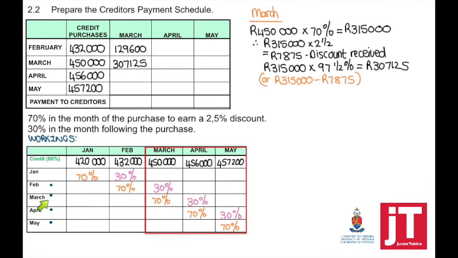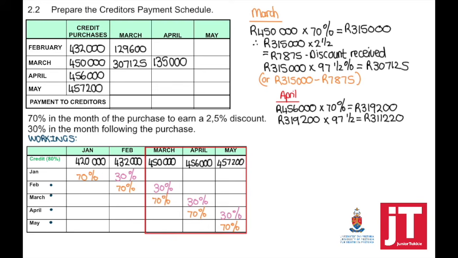From the March purchases, 30% will be paid in April. So just take 450,000 times 30%. The same needs to happen now in April. We first need to work out 70% of the total credit purchases, and then 97.5% is what will be paid to our suppliers. In the second month, 456,000 times 30%.